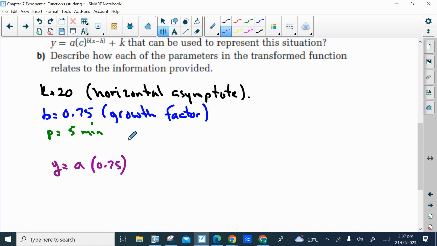And the exponent will be t over 5. The general form is t over p, but we've now determined that p is 5. p is the growth period. And we've got that plus 20 on the end.